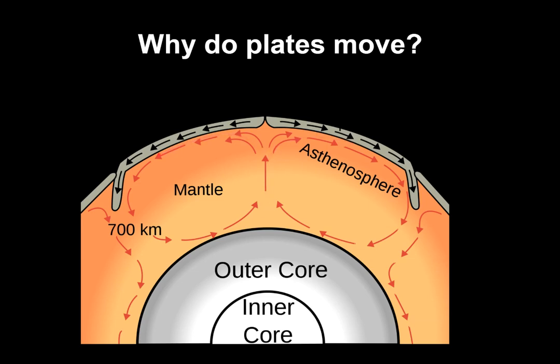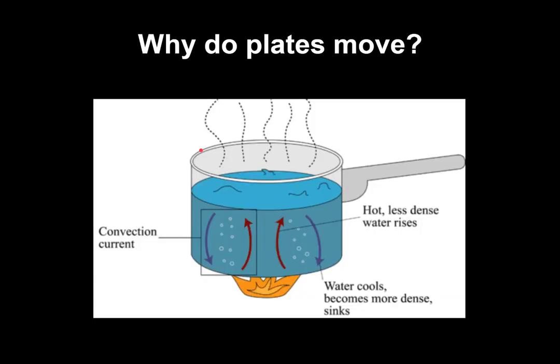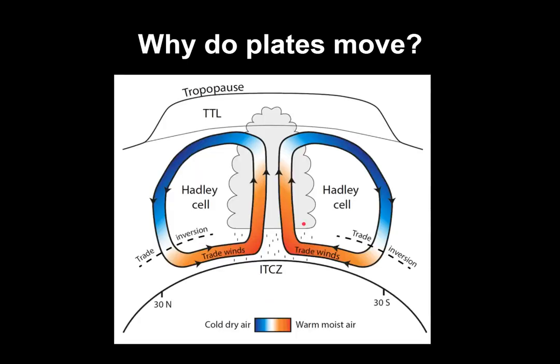As it moves to the sides, it drags the lithosphere with it, moving lithospheric plates apart from each other. Eventually, the mantle rock cools, sinks down to the bottom where it is heated again, and the cycle continues. Note that the movement of rock in the mantle is the same as the movement of water in a pot on a stove, and the movement of air in the Hadley cell.